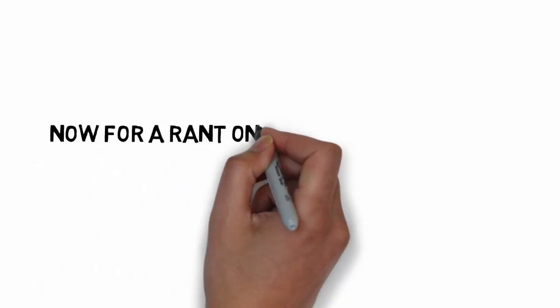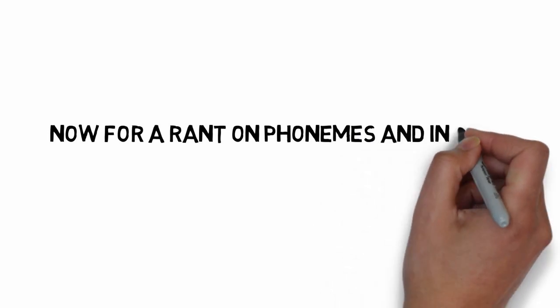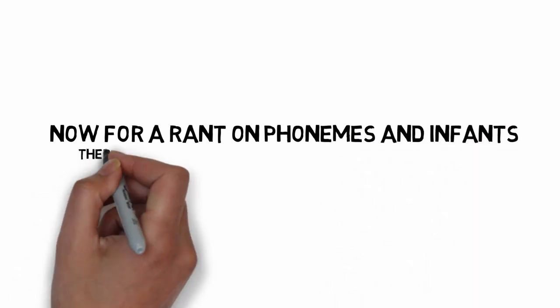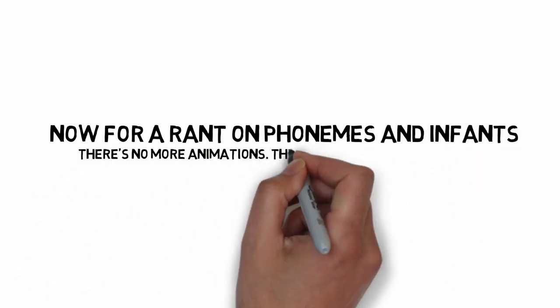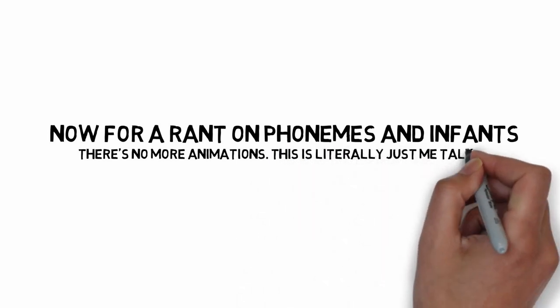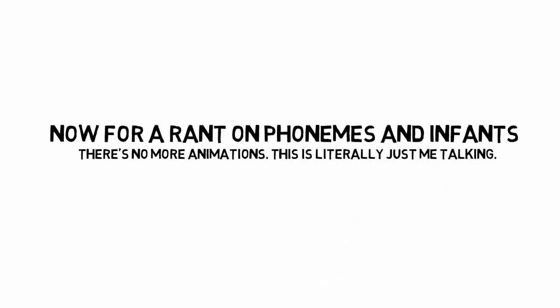One thing I would like to talk about, now that we're at the end of this video, is how we deal with phonemes as children. So, up until about the age of 6 months, children are able to distinguish all of the sounds that they hear. They are able to hear and process them as individual sounds.